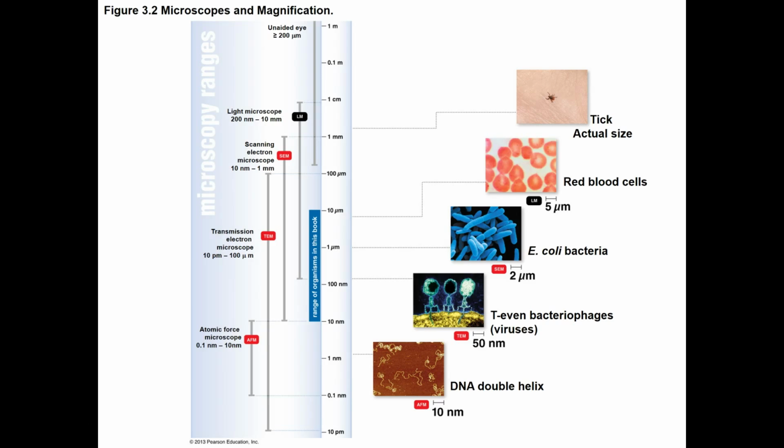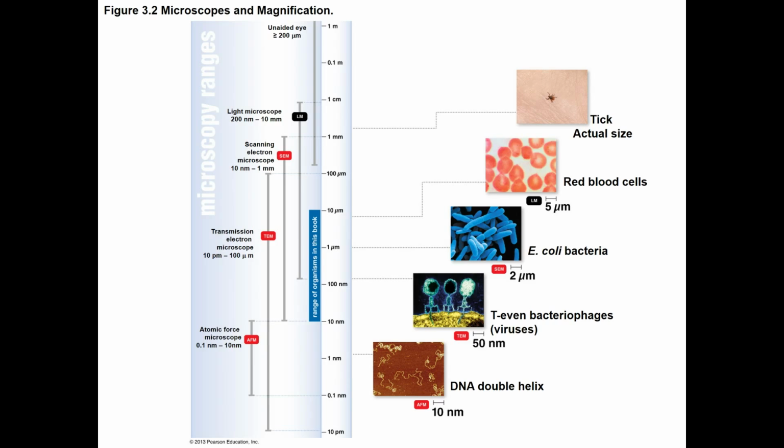Here's a similar diagram to what we've seen in Chapter 1, the grand scheme of microorganism size and which microscopes you need, depending on the size of your specimen. In the top portion, the human eye is good, again, to about 0.2 millimeters. But the lens in your eye has limits.